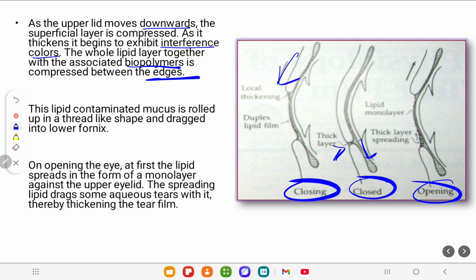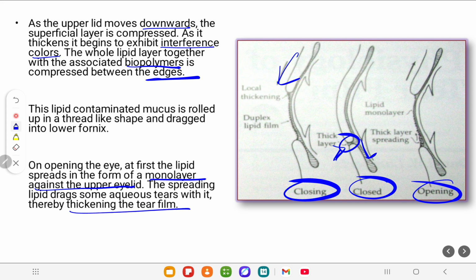On opening of the eye, at first lipid spreads in the form of a monolayer. Basically here lipid was compressed and a bilayer or multiple layer was formed. Whenever we open our eye, the lipid lies on top of the tear film, spreads and forms a monolayer against the upper eyelid, and then the spreading lipid drags some aqueous tear with it, thereby thickening the tear film.